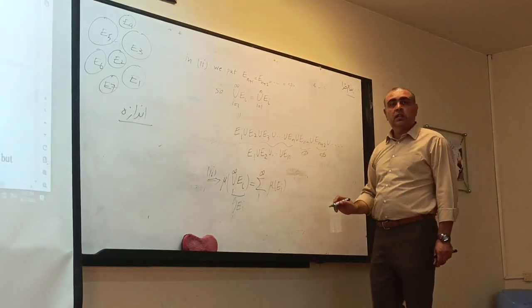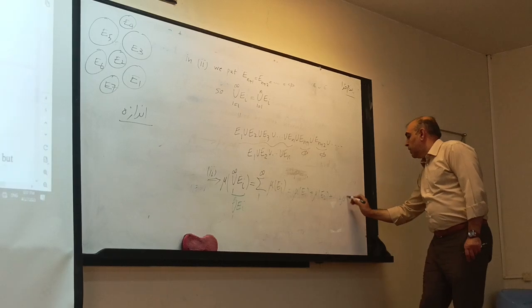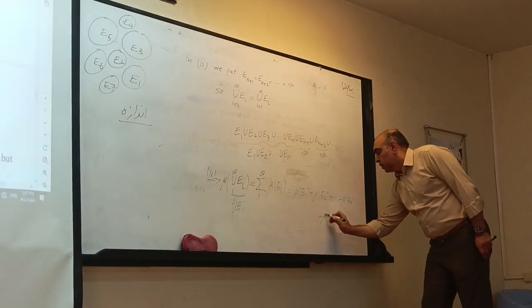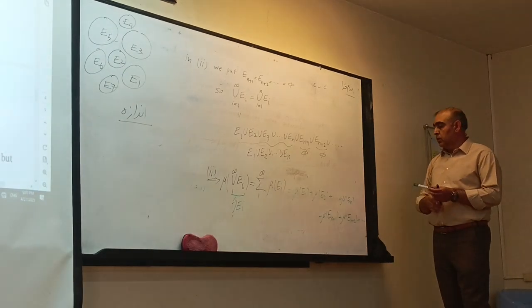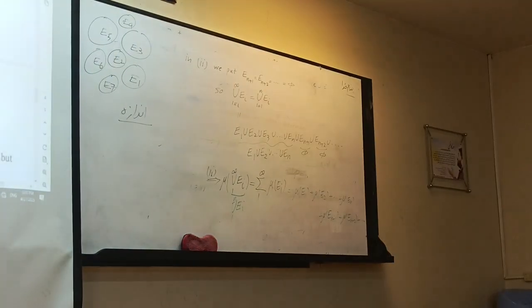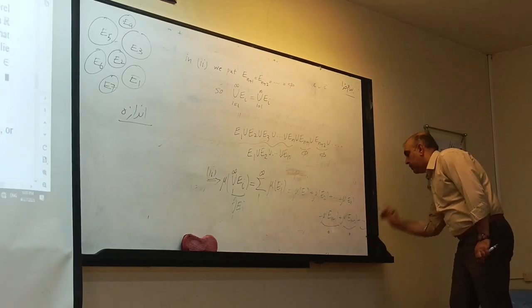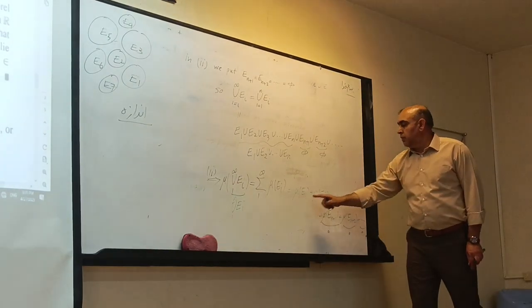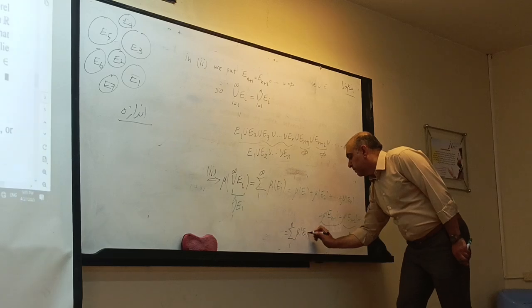The summation from 1 to infinity is mu E1, mu E2, ..., mu En, mu E_{n+1}, mu E_{n+2}, and so on to infinity. By condition 1 of measure, mu of phi is zero. So these are all 0, and the summation is mu E1 plus mu E2 plus ... plus mu En, which we can write as the summation from 1 to n.